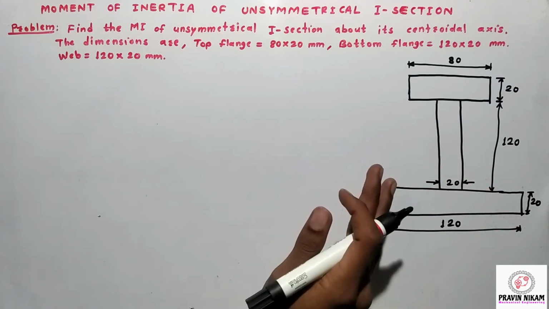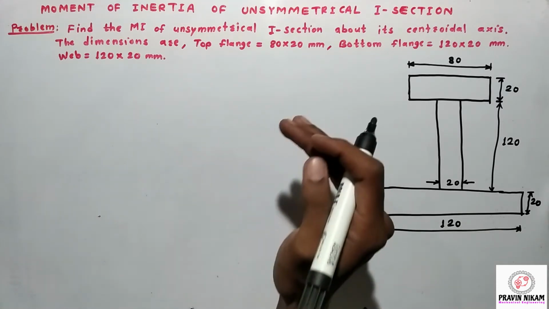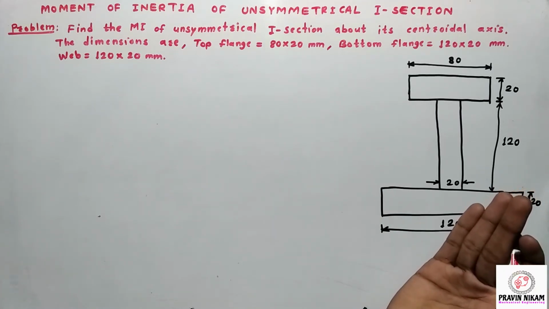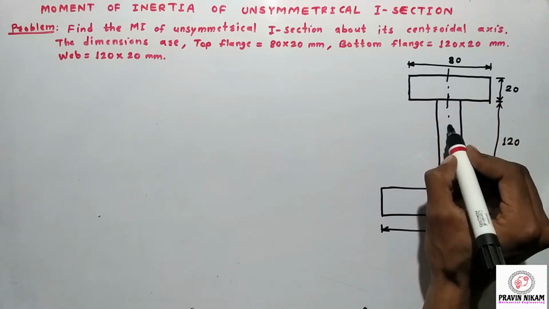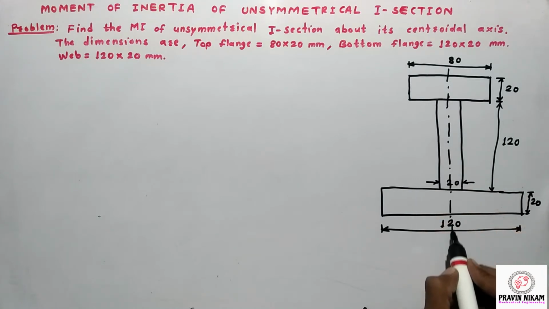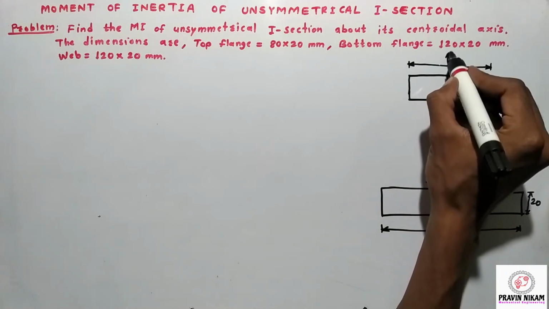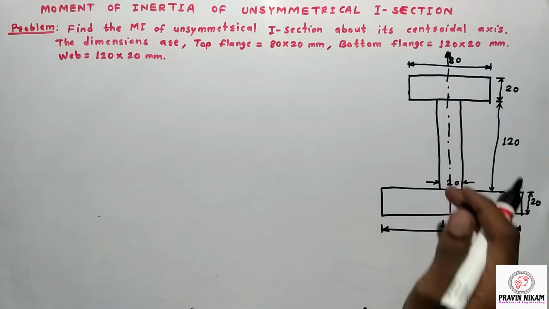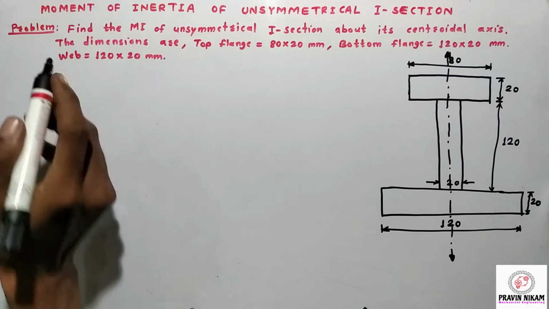A symmetrical I section is symmetric about the x-axis as well as the y-axis, but this unsymmetrical I section is symmetrical only about the y-axis. It is not symmetrical about the x-axis. So therefore we need to find out the centroid of this I section about the x-axis. So let us find it first.